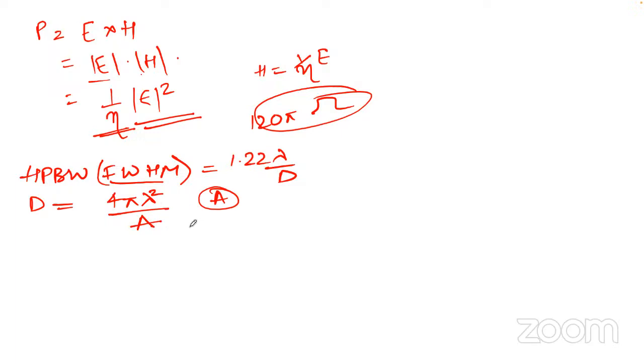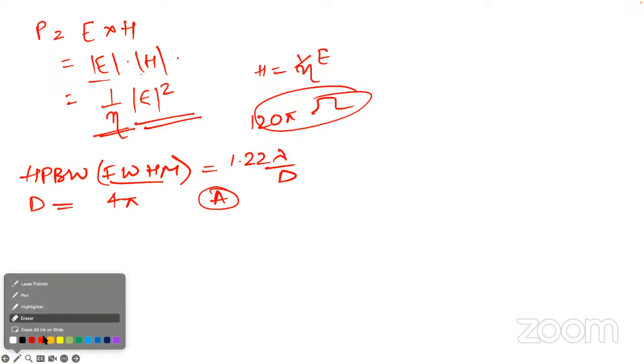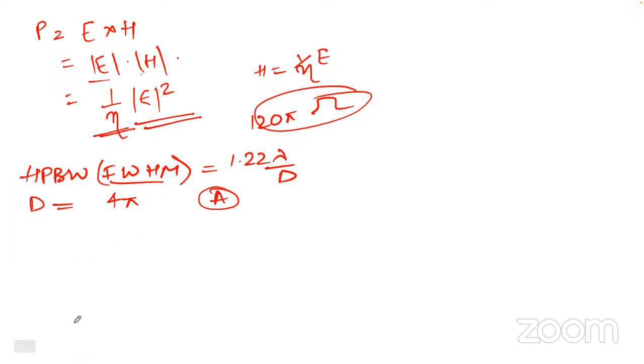Correct? So 4 pi by lambda squared into area. Absolutely correct. I purposefully wrote it that way. So it is directly proportional to the area. This shows that if you increase the area, that will increase the directivity of an antenna.